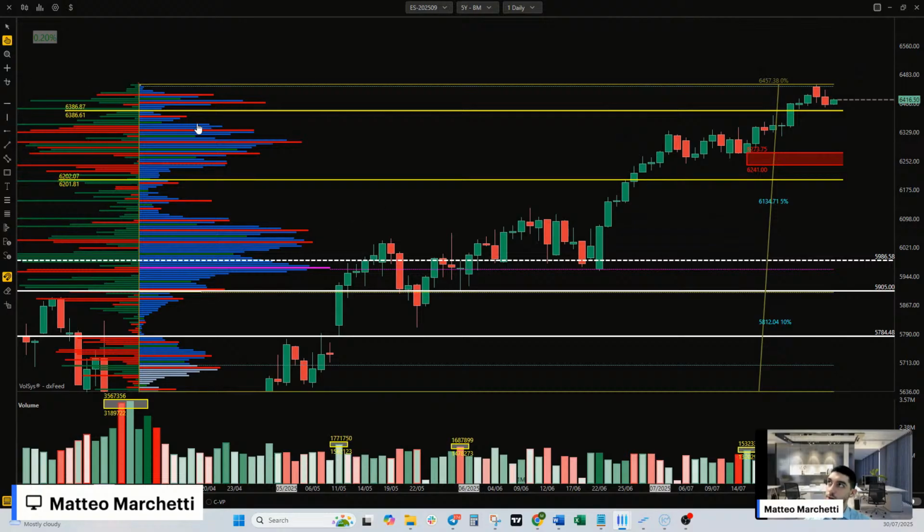Even from a volume profile point of view, prices created this very crucial volume area, and then we have a low value area, and then another value area. Prices now are even above the low volume node separating the two value areas.